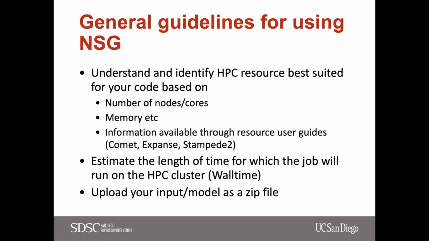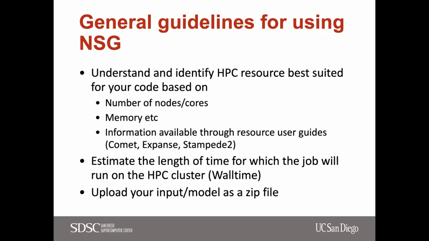And as Amit mentioned, the resources that we provide all have different architectures, right? They have different numbers of cores per node, the memory is different, and all of this information is available through the resource user guides. For example, there is a Comet user guide and so on, and all of this is publicly available, and you can take a look at it to see what is best suited for your code.